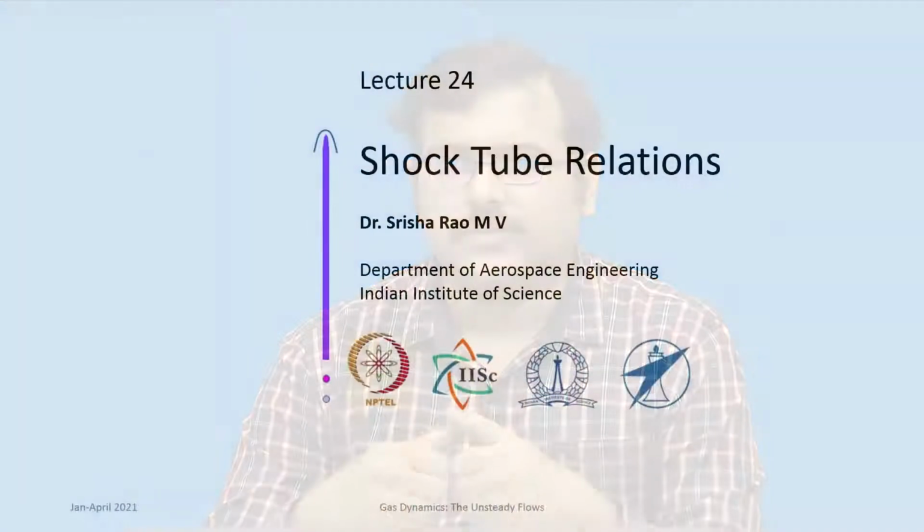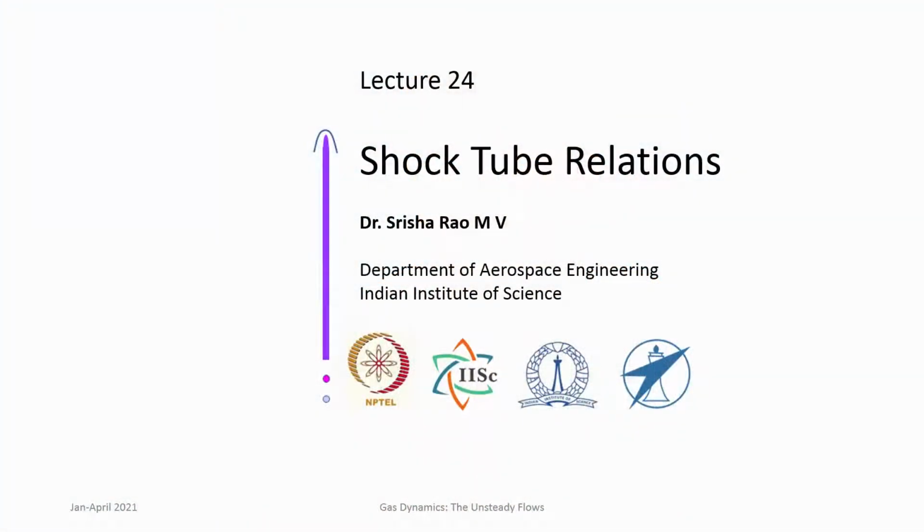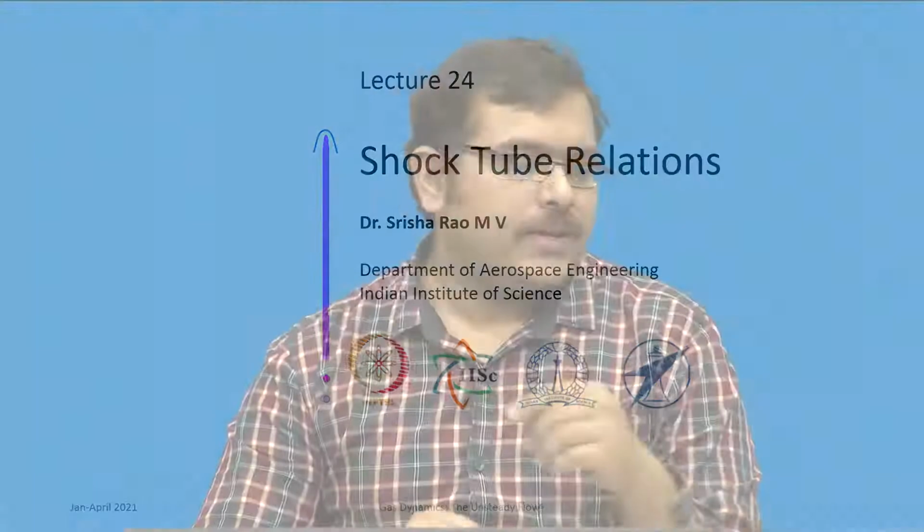Till now we have discussed the various wave problems: infinitesimal waves and finite waves. In the finite waves we came to the method of characteristic solutions of the equations, and we said that these finite waves move along lines dx by dt equal to u plus a and dx by dt equal to u minus a.